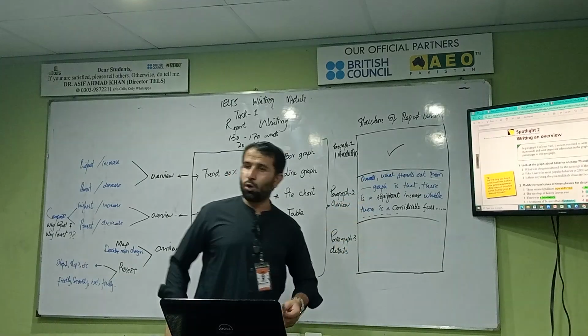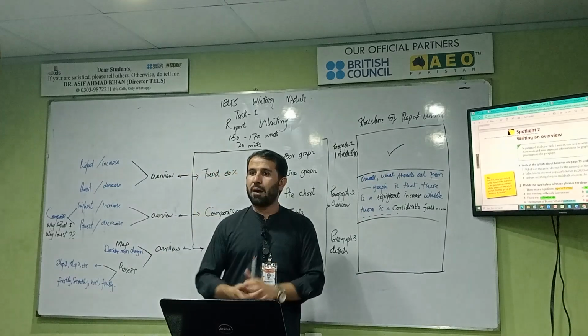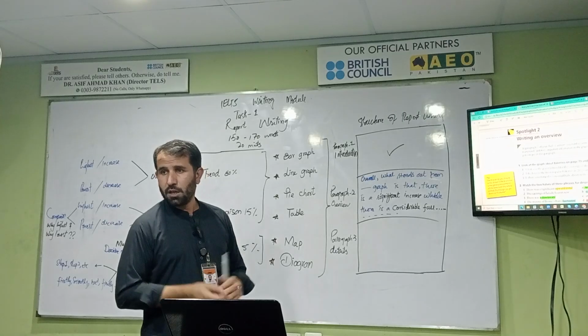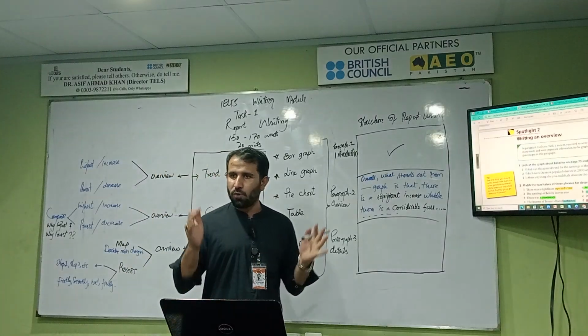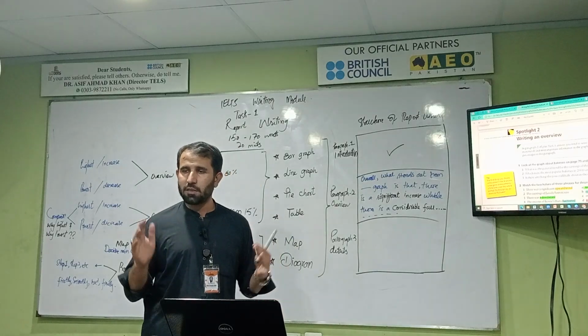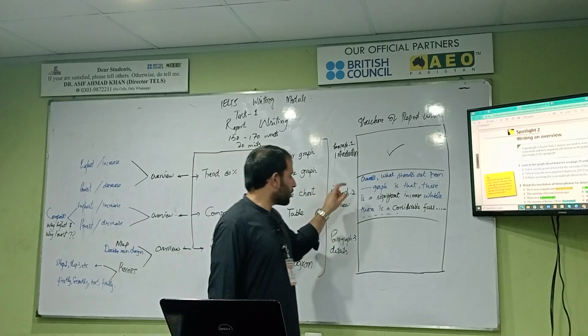When we write the overview, there is a special vocabulary and structure that you should keep in mind. When the examiner looks at it, he or she can give you a very good band, and will think that it is excellent writing. So, how would you produce it?